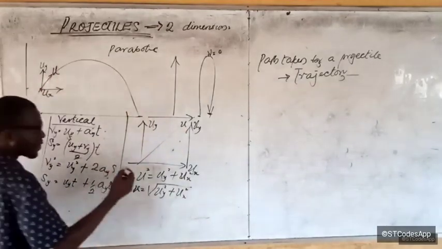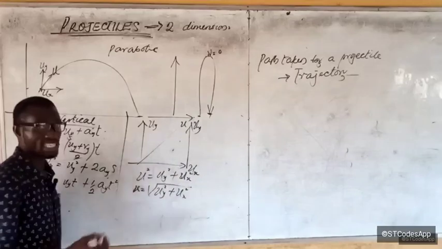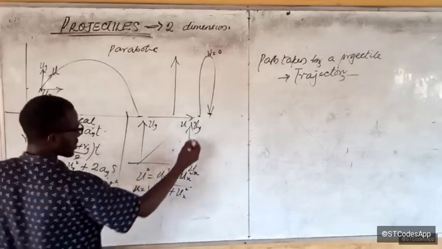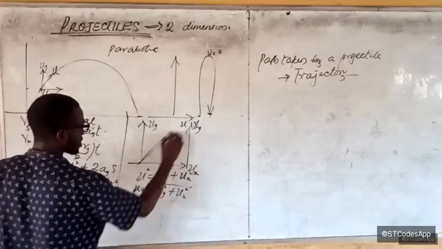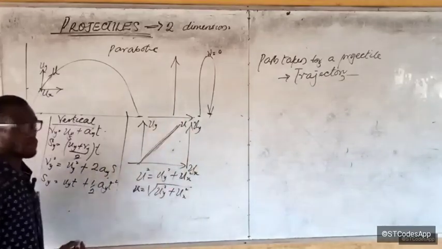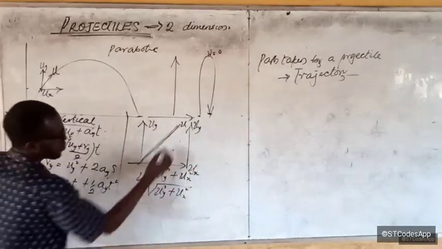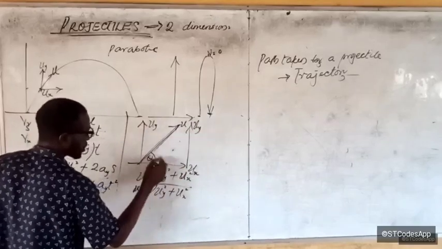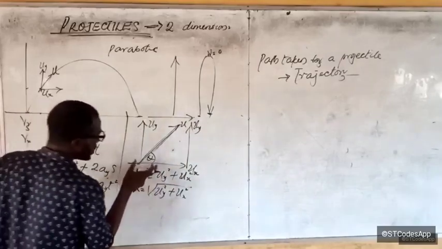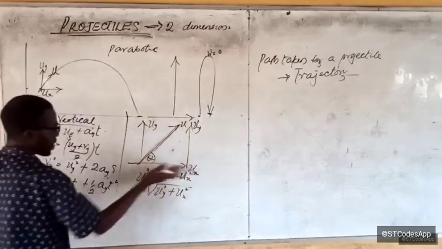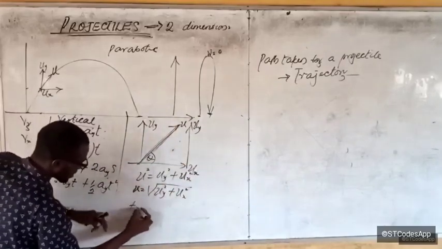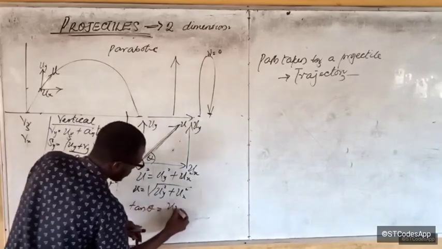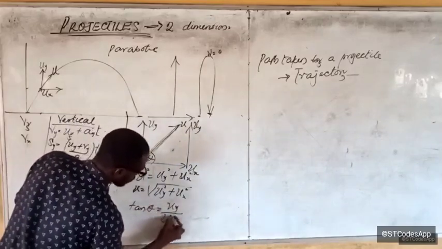And recall that we can also take the angle between them. Since the path we are looking for is this, standing as the hypotenuse in this triangle, if this is our angle here, the angle between them, with this as our opposite and this as our adjacent, then tan theta equals u sub y over u sub x.